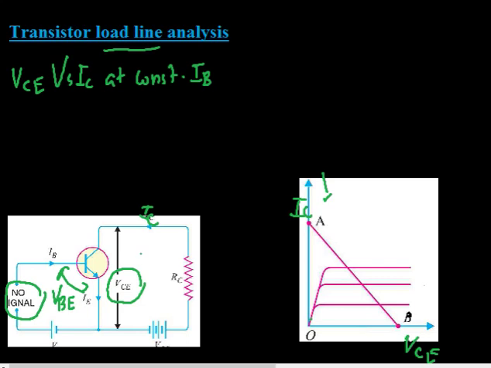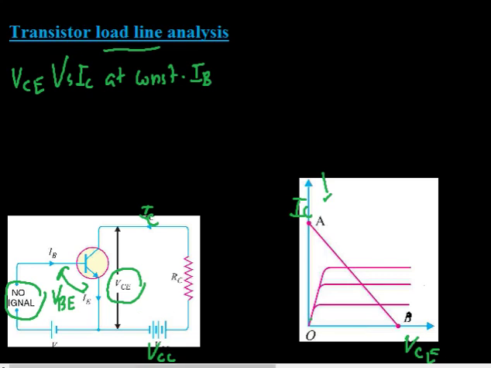Now for this circuit, let's apply Kirchhoff's voltage law to the output circuit, where we have connected an output resistance RC to take the output. If we apply Kirchhoff's voltage law to the output loop, here we have the voltage source VCC.